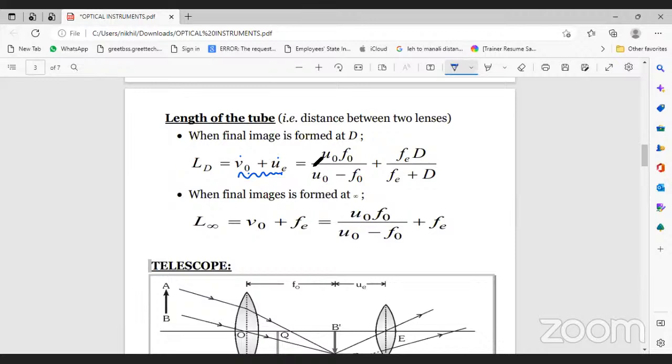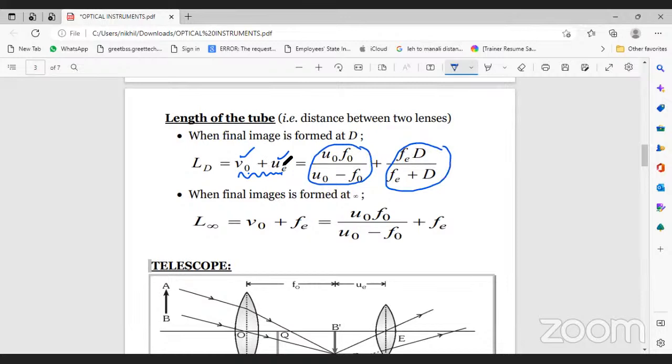So if you substitute the values of ue and v naught in terms of focal length and object distance, you can get this formula. On substituting for v naught, you will get this. On substituting for ue, you will get this. But no need to remember this too.